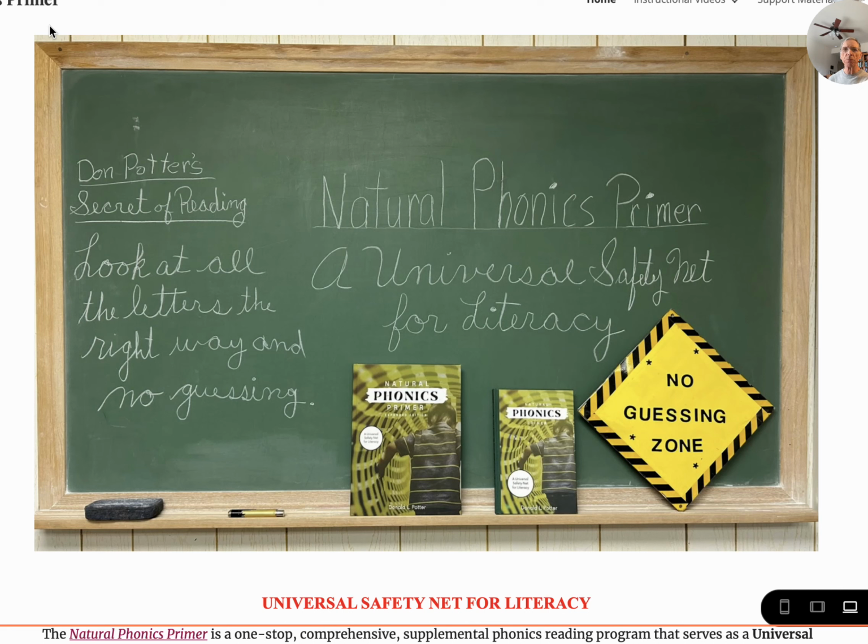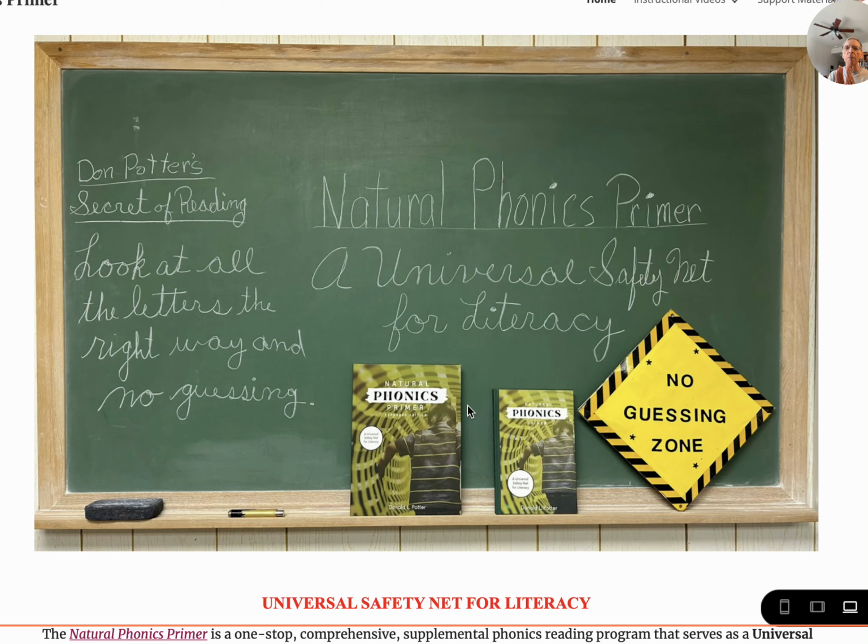We're going to, again, the Natural Phonics Primer. My website is www.naturalphonicsprimer.com. And you can get all the information you need on teaching this program. What we seek to do is, it's called a universal safety net.